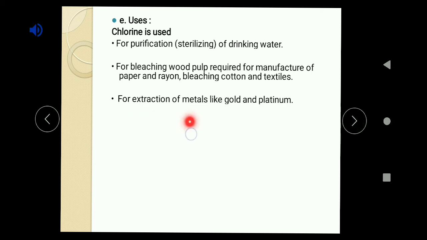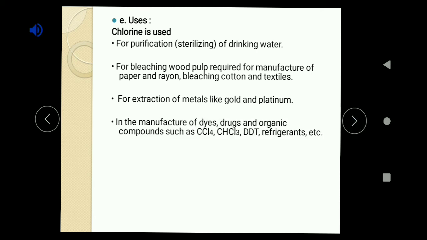It is again used for the extraction of metals like gold and platinum. That is, conversion of ore of gold and platinum into metals. That is called extraction, and in that process, chlorine is used.